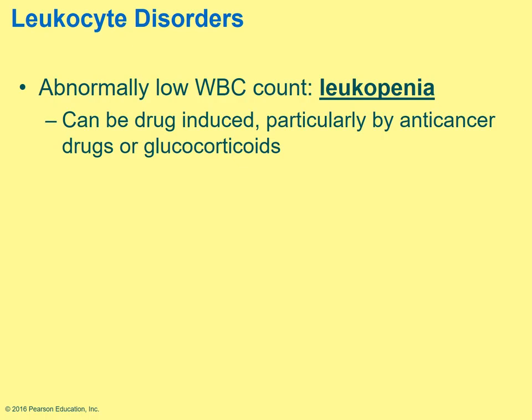Leukocyte disorders: an abnormally low white blood cell count is leukopenia. It can be drug-induced, oftentimes by anti-cancer drugs, because the white blood cells play a role with the immune system.